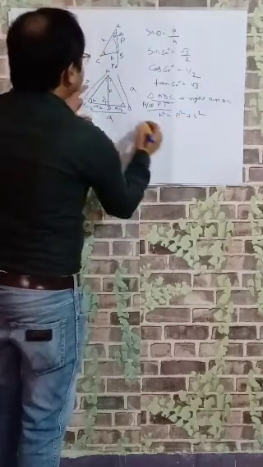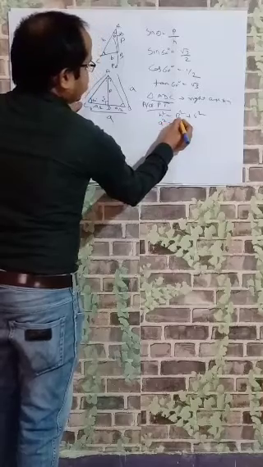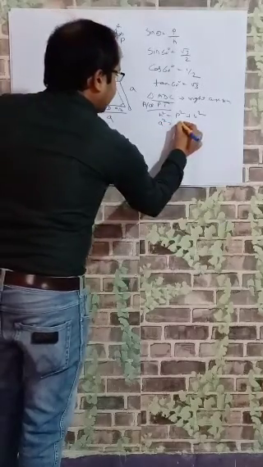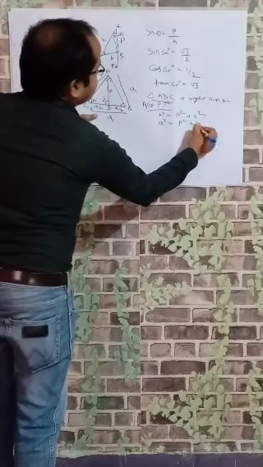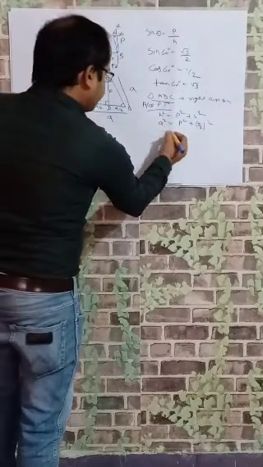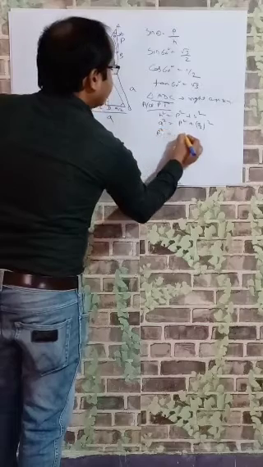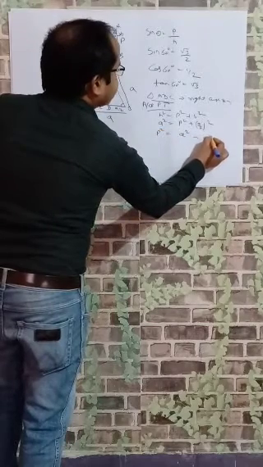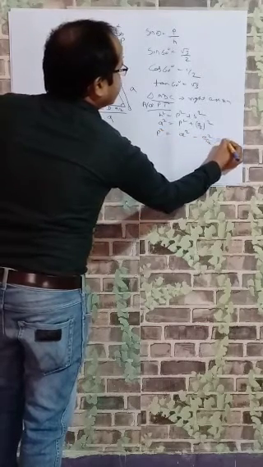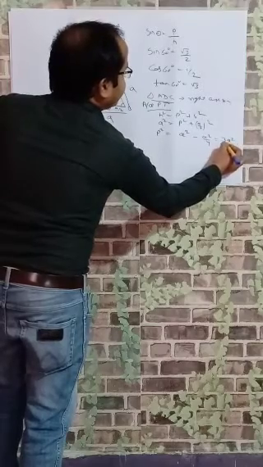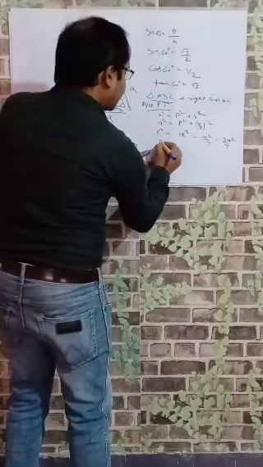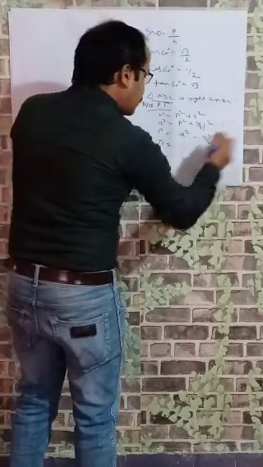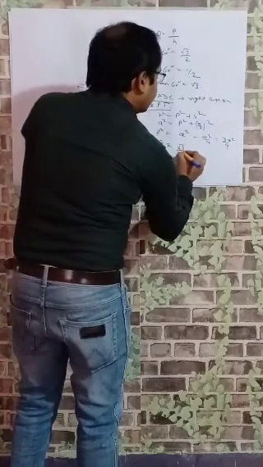What is H? A. What is B? A by 2, whole square. So P square is equal to A square minus A square by 4, which is 3A square by 4. So P will be root 3 by 2 A.